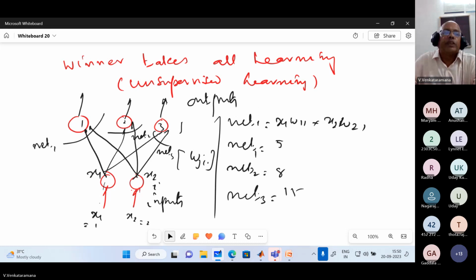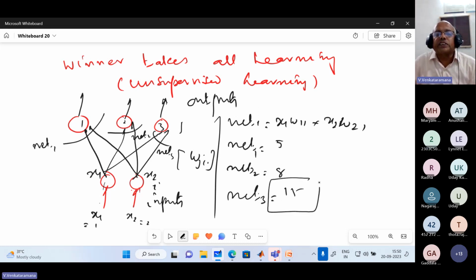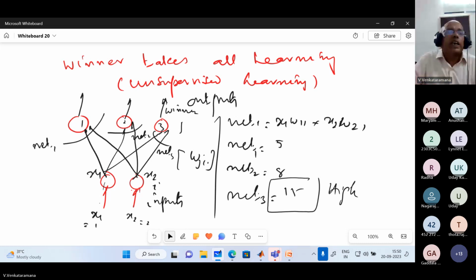Out of these 3, which is the highest? This 15 is the highest. Therefore, I will make node 3 the winner. These are the losers. If this is the winner, I should update weights only for the weights going to node 3.